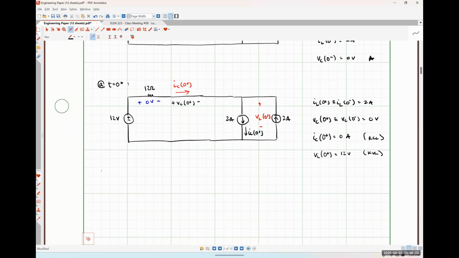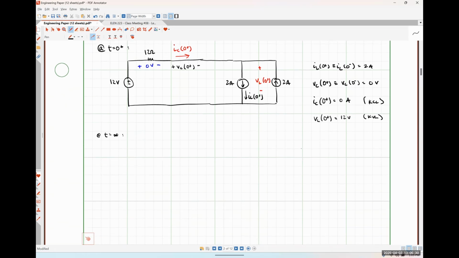Now we need to analyze this circuit at t is equal to infinity because there are sources still connected to our energy storage elements. So we are going to have our 12-volt source connected to our 12-ohm resistor. Our capacitor is going to look like an open circuit because at t is equal to infinity, our transient condition has died out.